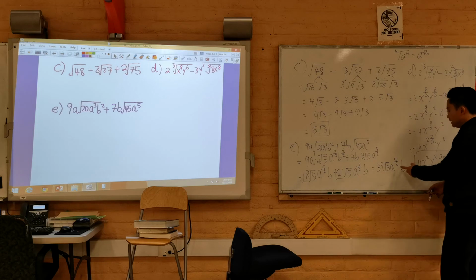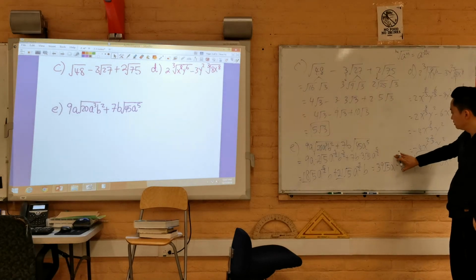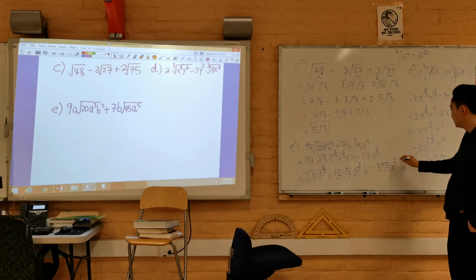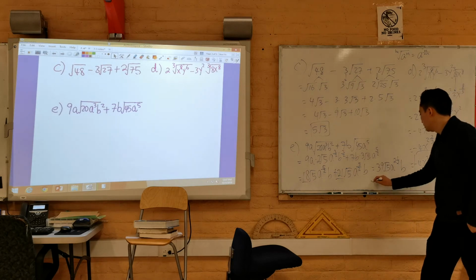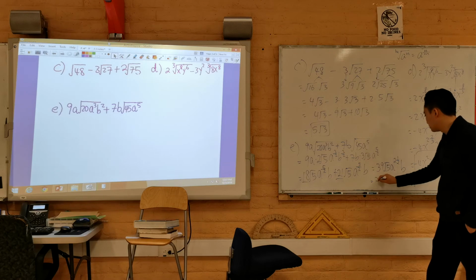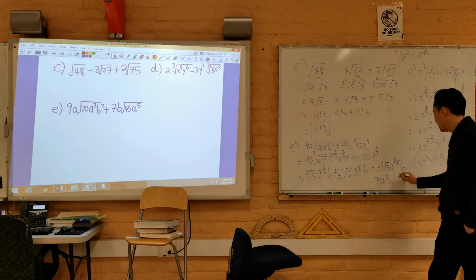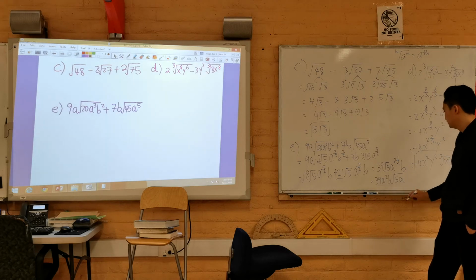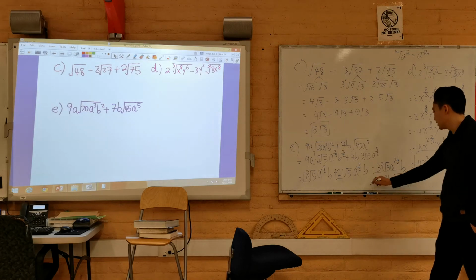Now for that a to the power of 5 half, we can always convert it back to a mixed fraction, so we got 2 and 1 half. So let's just regroup them. We have 39 a squared, b, and then root 5 and a. And that's the final.